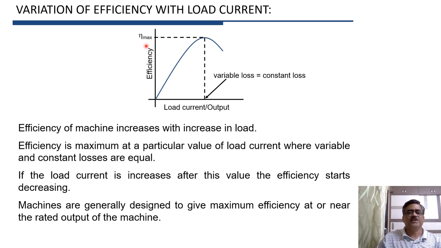More efficiency means less operating cost. So for efficient operation of the machine, you should note that the machine should be loaded at its rated value. Then only efficient operation will be possible.